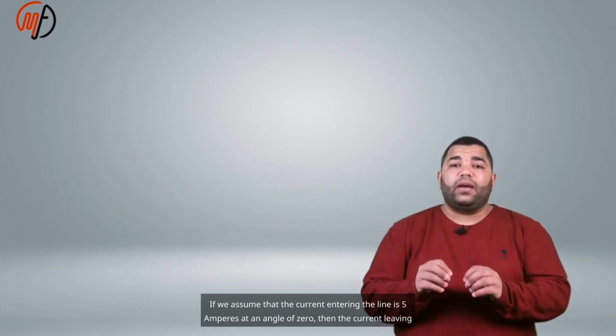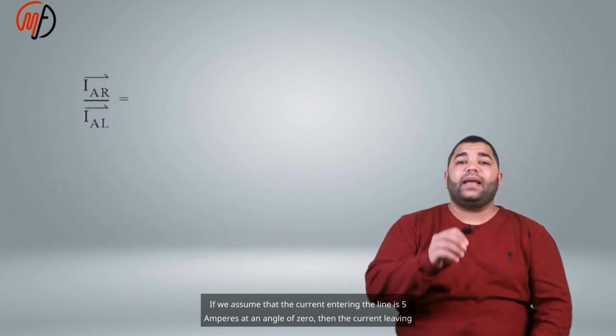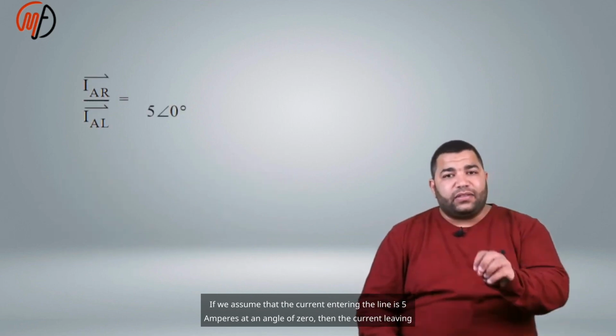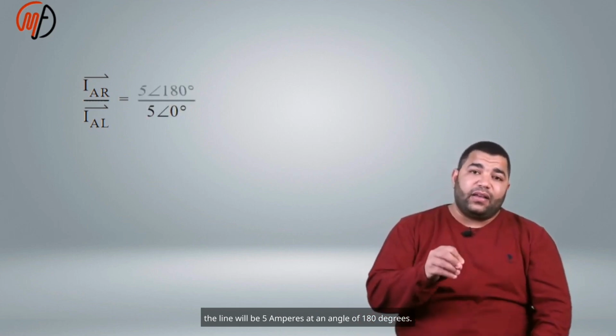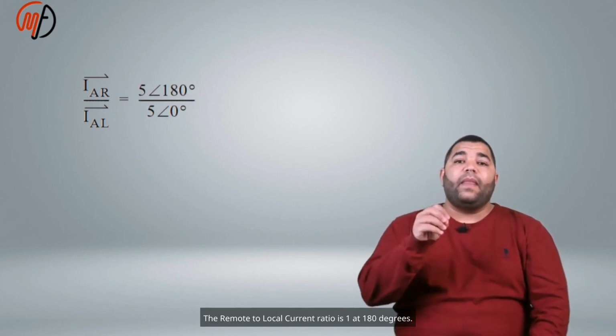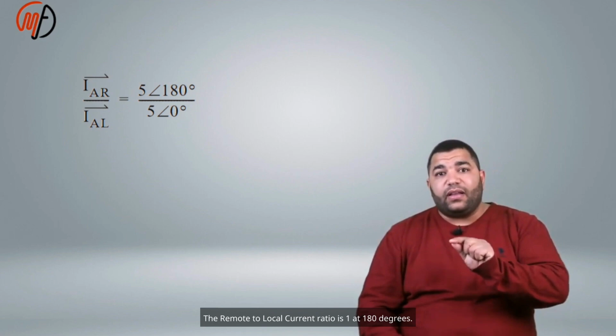If we assume that the current entering the line is 5 amperes at an angle of 0, then the current leaving the line will be 5 amperes at an angle of 180 degrees. The remote to local current ratio is 1 at 180 degrees.